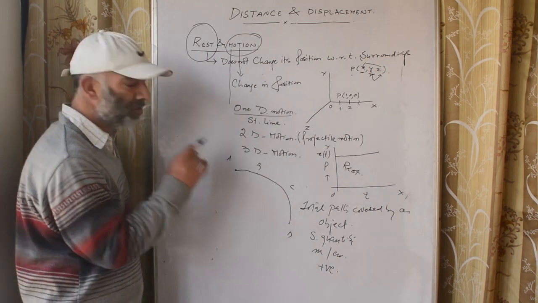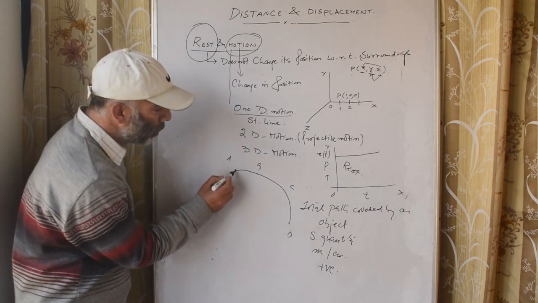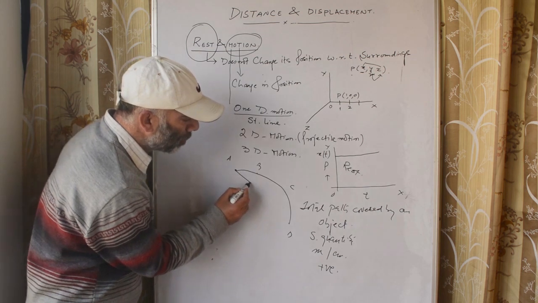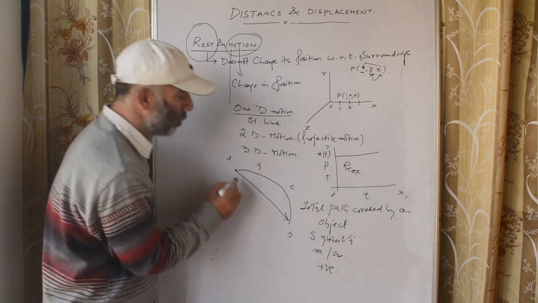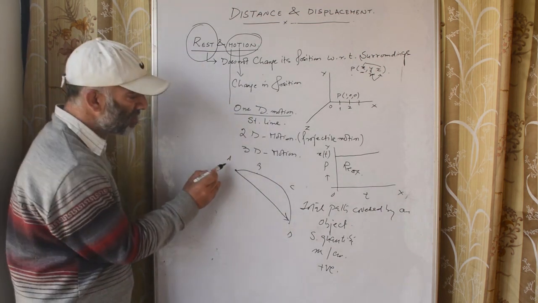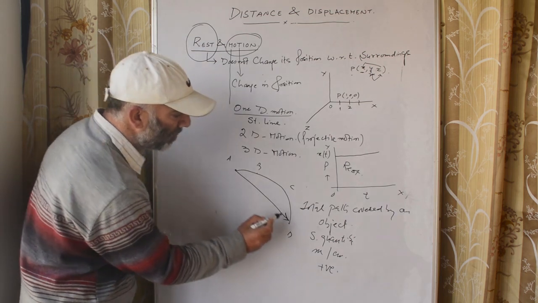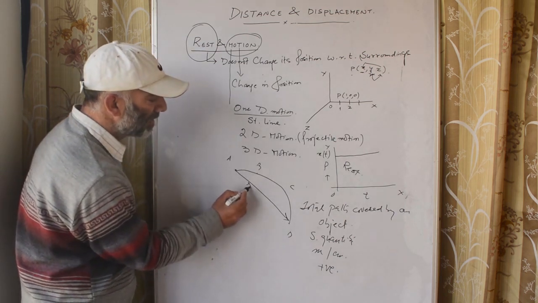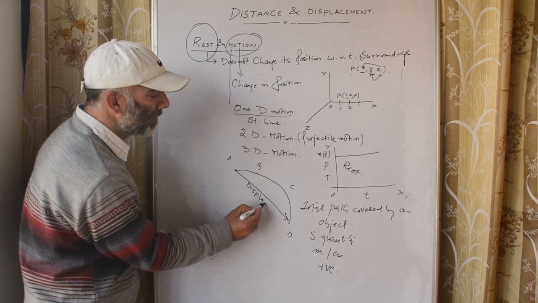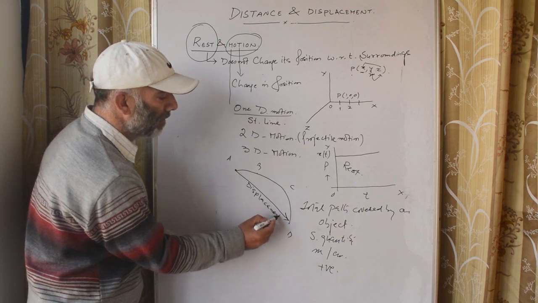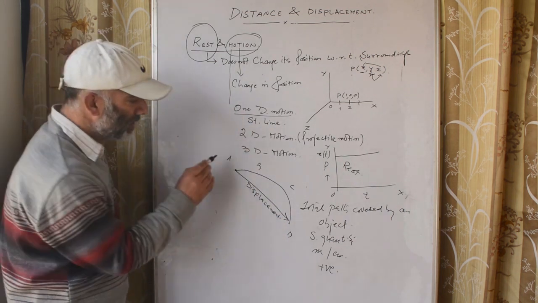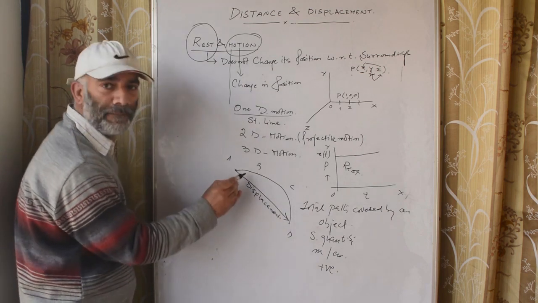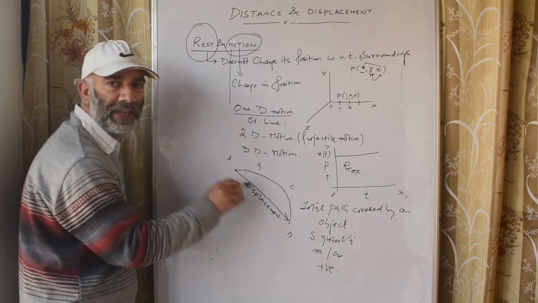Now, my students, try to understand, if we join the initial position of the particle with its final position with the help of a straight line, that line joining initial position with its final position gives us the displacement. So this displacement has a magnitude as well as direction.